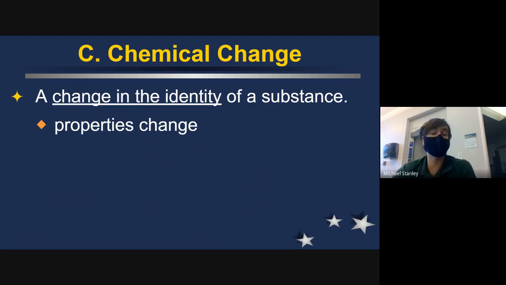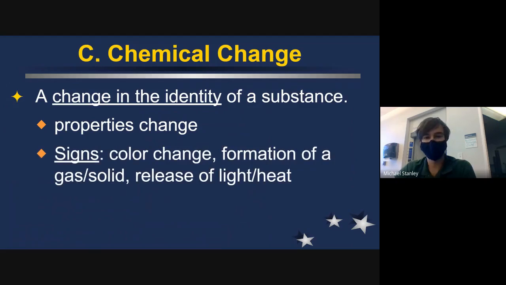So this new substance is a different matter, so it has different properties and maybe some different physical properties than the original substance. There are some signs that can tell you maybe that a chemical change is going on.